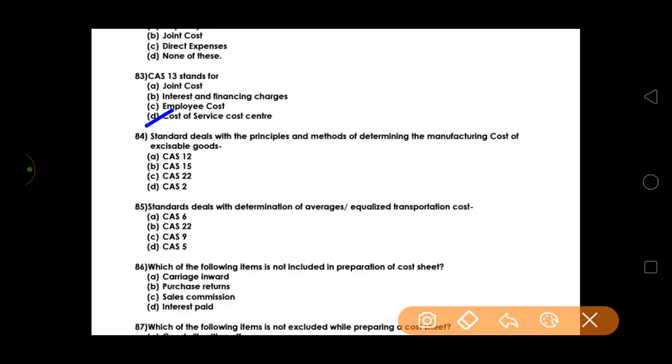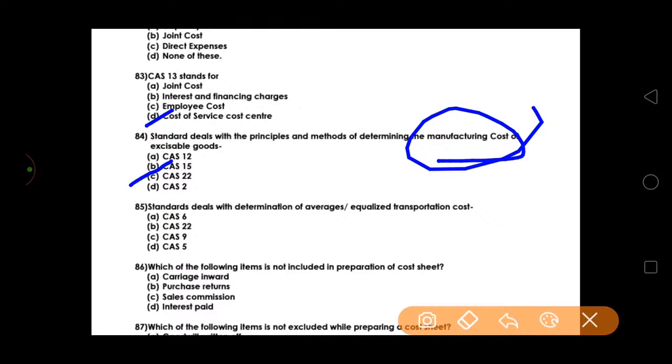So C is the right answer. Remember cost accounting standards 1 to 23, which can get at least 2 to 3 marks. We need to improve on the other standards.